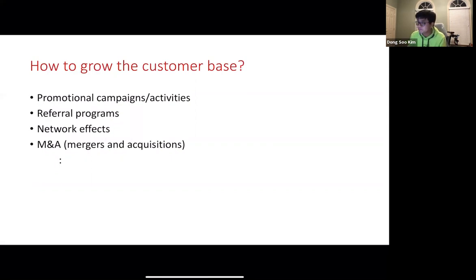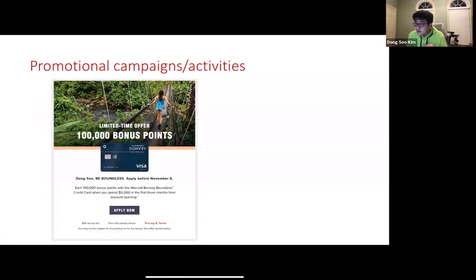And first, promotional campaigns and activities. This is an offer I actually received from Marriott. Credit card is the most popular payment method, especially for traveling. Travel agency, airlines, and hotels make an alliance with a credit card company to make customers locked in their services.